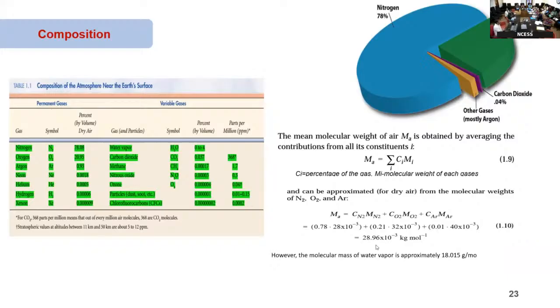Do you remember the molecular weight of water? 18. Yes, 16 for oxygen plus 1 plus 1 for the two hydrogens, so 18. And air is about 28.